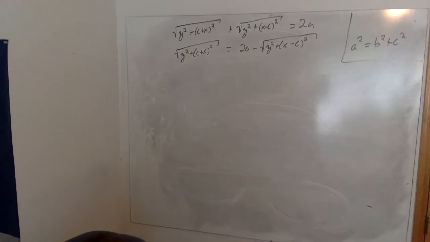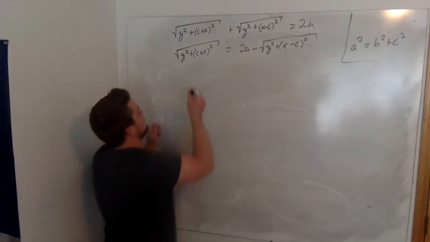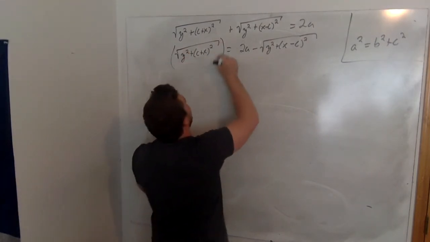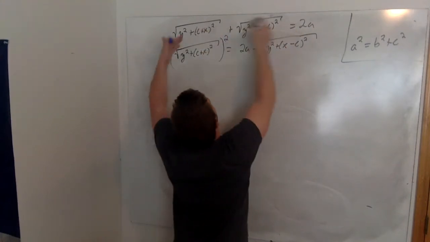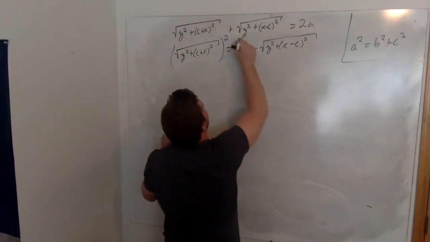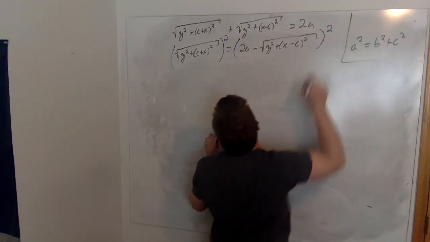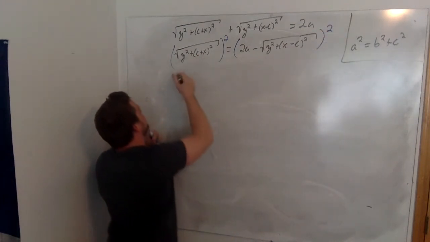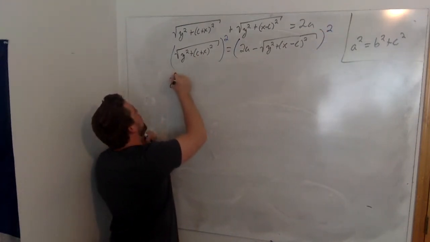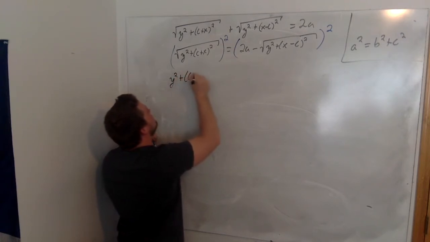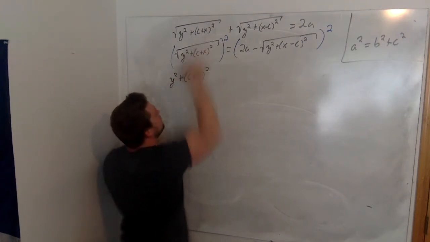We're going to square both sides. We're going to try to get rid of one set of these square roots. We're just trying to massage this into something prettier. So we square both sides. This square root will get removed, so we'll be left with y squared plus (c + x) squared. The square root goes away.